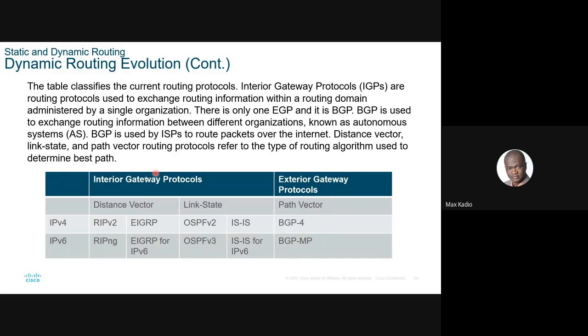But for us in companies, we use interior gateway protocols, distance vector or link state. We use a lot of OSPF. EIGRP is mostly Cisco, but 90% of the time we use OSPF. If in your company everything is Cisco routers, you can also use EIGRP.